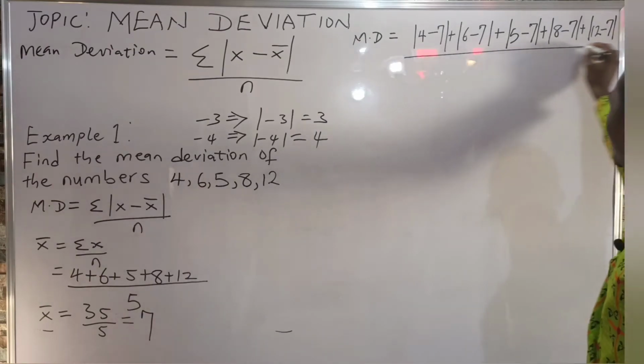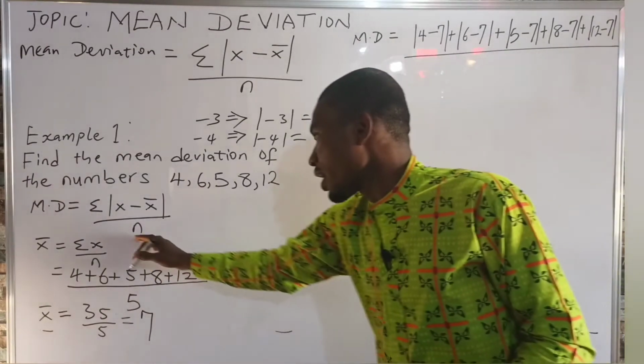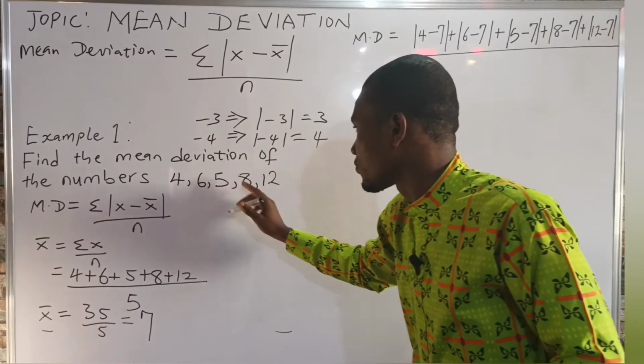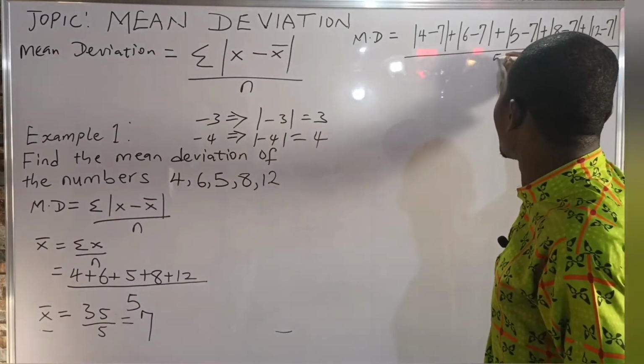Then all over n. Remember, our n is how many numbers we have here, and that is 1, 2, 3, 4, 5. So all over 5.